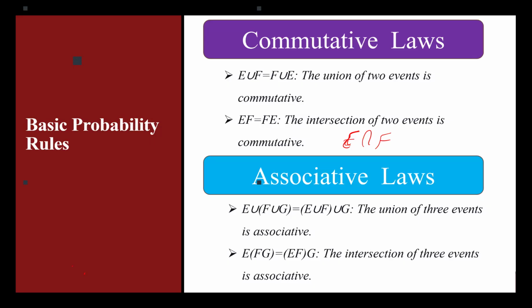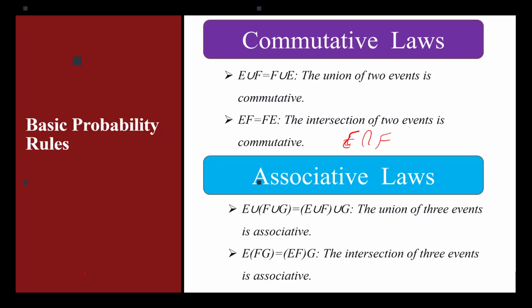Now, another part is associative laws. When you have the union of E with the union of F and G, you can change the whole situation and consider it as the union of E and F, now union with G. So these are very helpful.